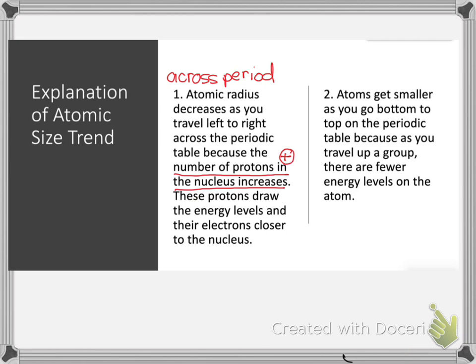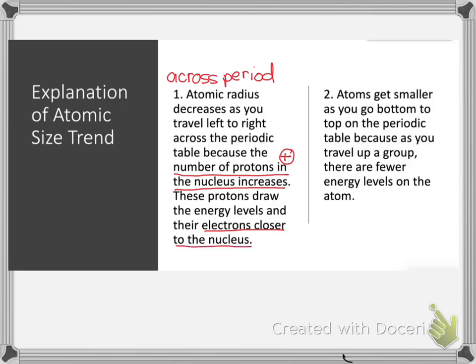If you recall from electron configurations in the previous chapter, as you go across a period, all of those electrons are in the same energy level. So as you increase the positive nucleus, the electrons in that energy level draw closer to that positive charge. As a result, we see this trend that as you go across the period, the atoms get smaller.